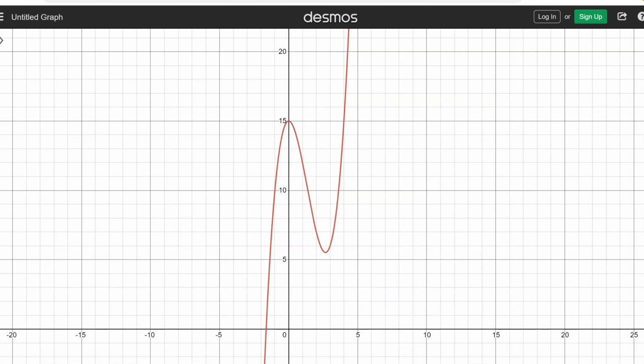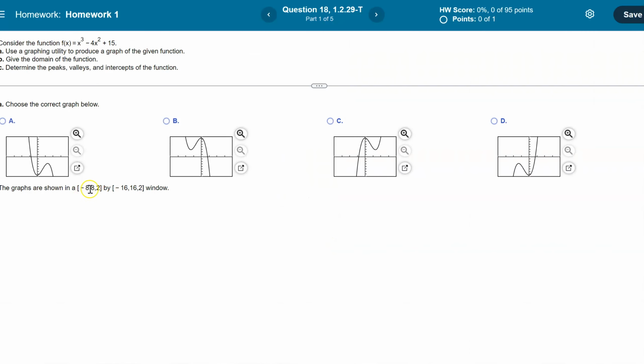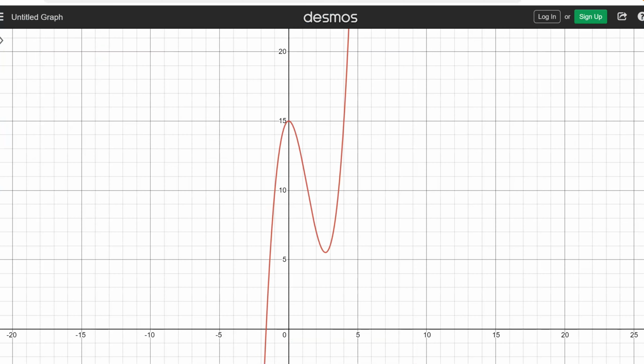And in fact, if you look at the MyMathLab, it tells you that they're using minus 16 to 16 and minus 8 to 8 as their window. So now what you should take away from this graph is that it's falling on the left and rising on the right.